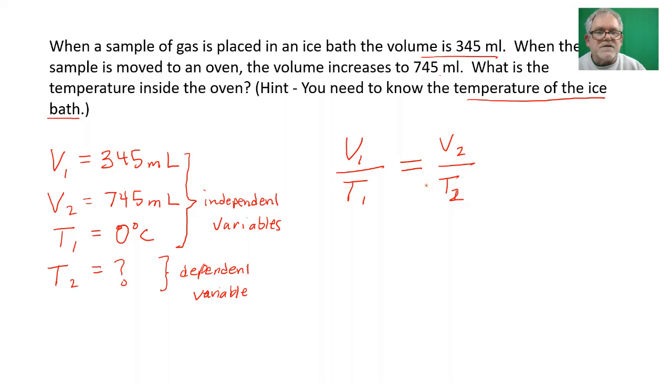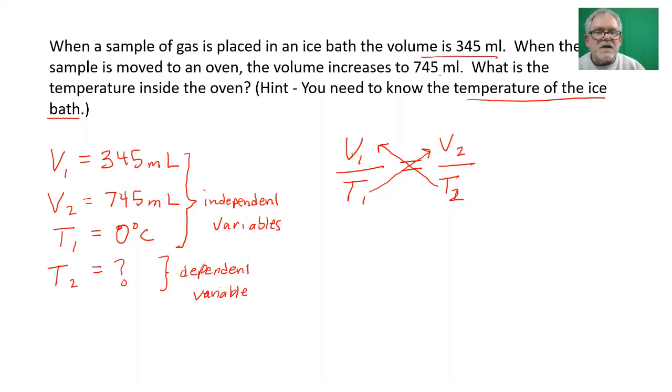To do that, we're going to use algebra, and in particular, a very useful relationship is the crisscross method. So notice that this T2 on the right on the bottom, if we bring that across the equal sign, it's going to go to the top. It goes from the denominator to the numerator. We want to bring everything else to the right, so this T1 is going to go from the bottom to the top.